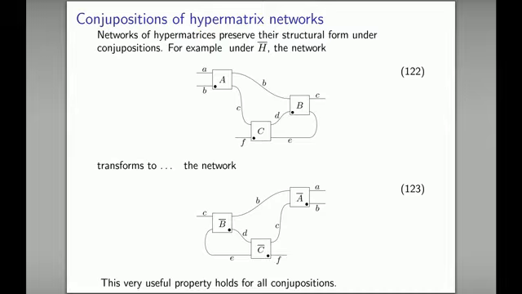So basically, the whole diagram preserves its structural form when you do this conjuposition. That's not difficult to prove, but it's a very useful property and really is important. Any questions? All very clear?